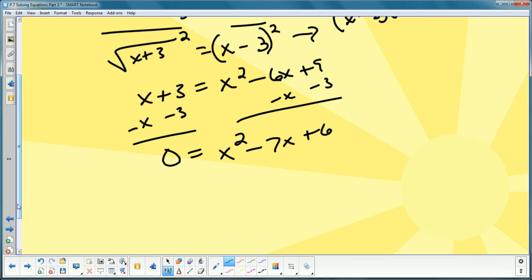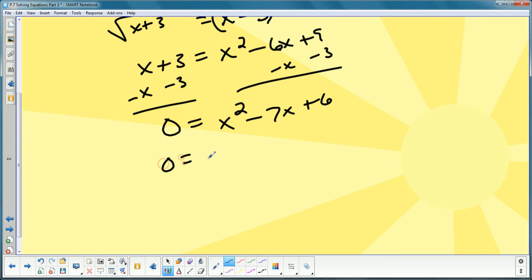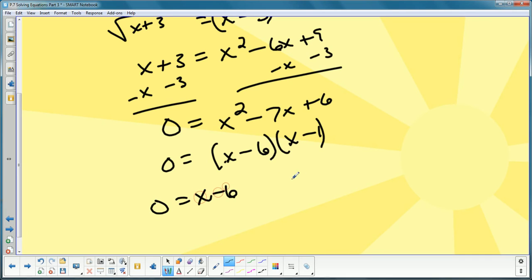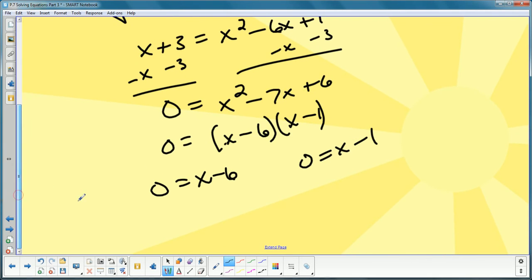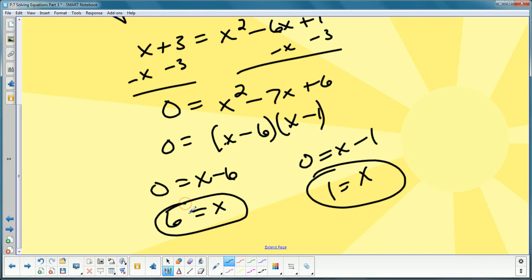You can also factor here, and if we factored, we'd have x minus 6 and x minus 1, that would multiply to get a positive 6 and add to get a negative 7. And then, just like last video, we are going to use the zero product property to solve these. So we separate them and solve each one individually. That's going to give us that x is 6 and x is 1.